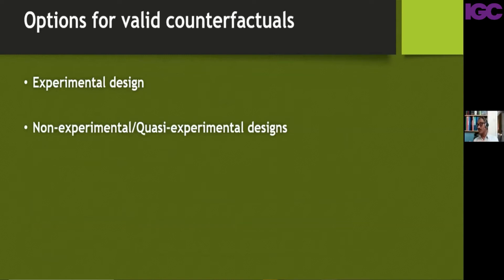And this is what would have been covered in your session on randomized controlled trials. But randomized controlled trials, as we can see, can be quite difficult to implement. So we resort to non-experimental or quasi-experimental methods.